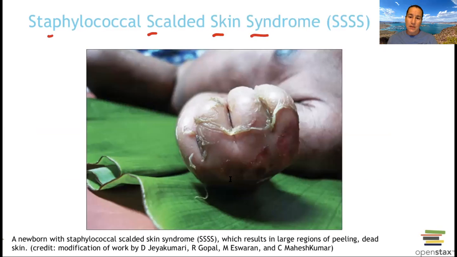The toxins produced by the Staph aureus will cause that redness, and then it peels. It's red, it's not happy, and then it starts to peel, flake away, and rub off as this infection runs its course. Some antibiotics can take care of this situation, but it doesn't look good on baby's hands at all in this picture.